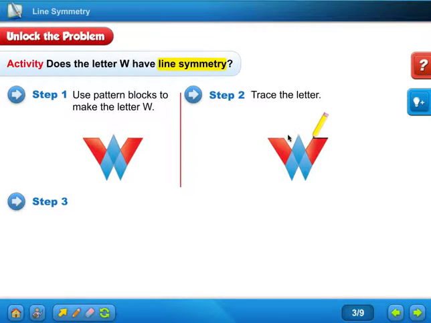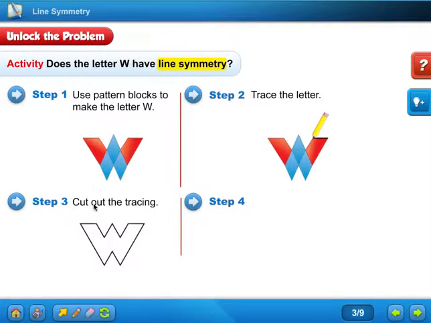Step 2, you'll trace the blocks. So go on the outside and just trace them. Step 3, you'll cut out the tracing. Remember, pause after each one and then you can do what it says. So make sure you're pressing the pause button.